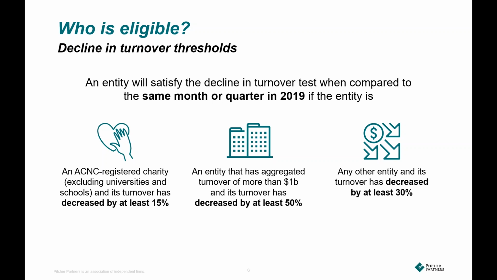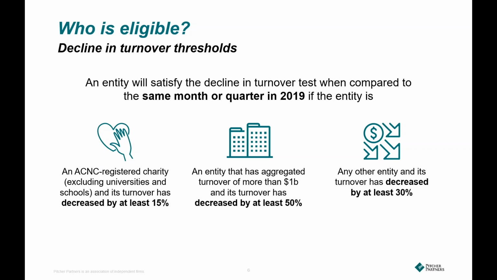The second category is an entity that has aggregated turnover of more than $1 billion and its turnover has decreased by at least 50%. And the other category, which applies to all other entities, is where its turnover has decreased by at least 30%.